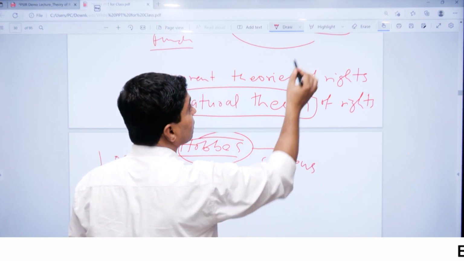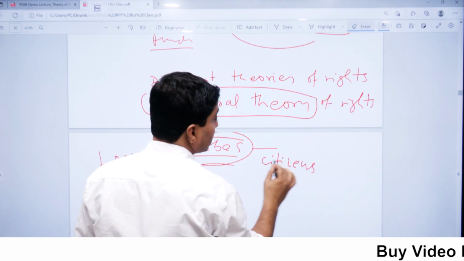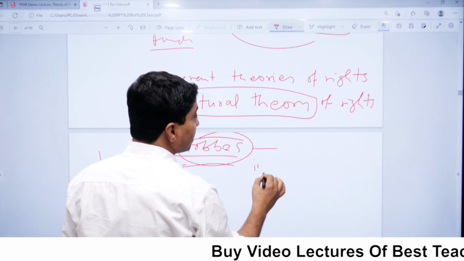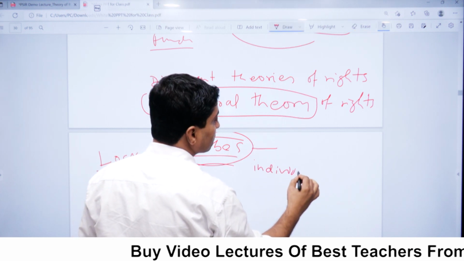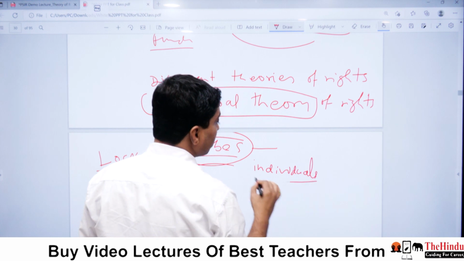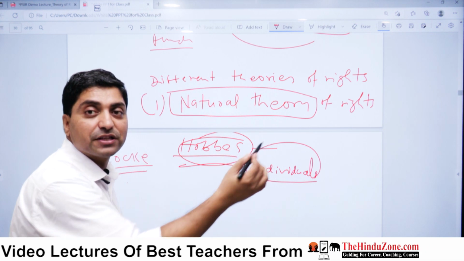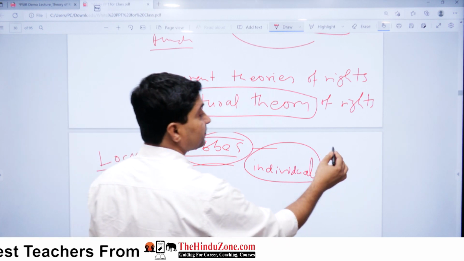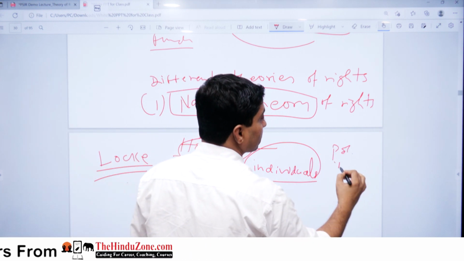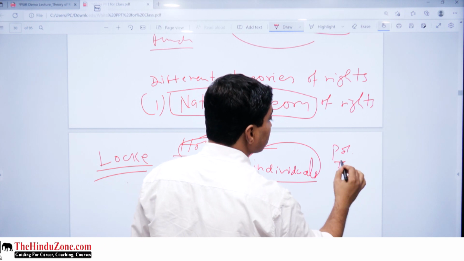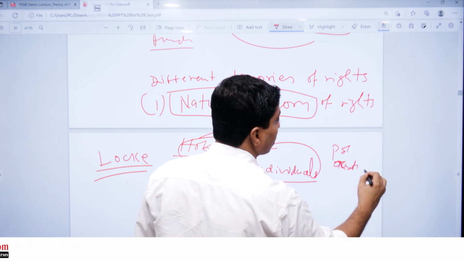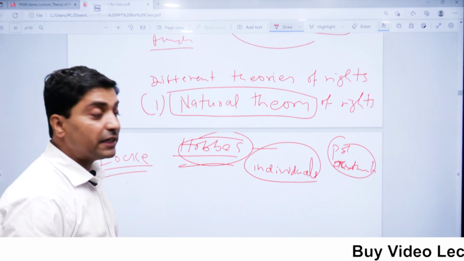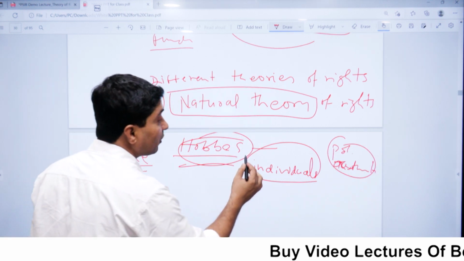And when the state is formed, individuals transfer their rights to the political authority. Political authority has all rights except the right to life.